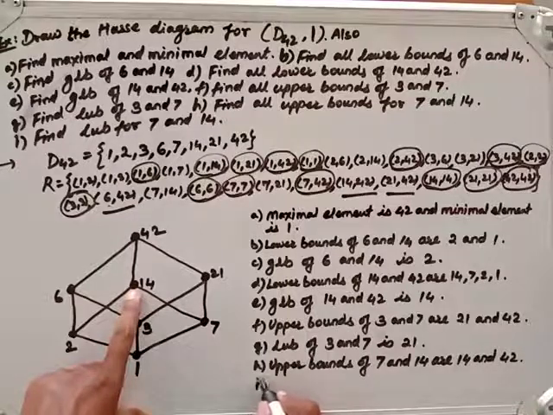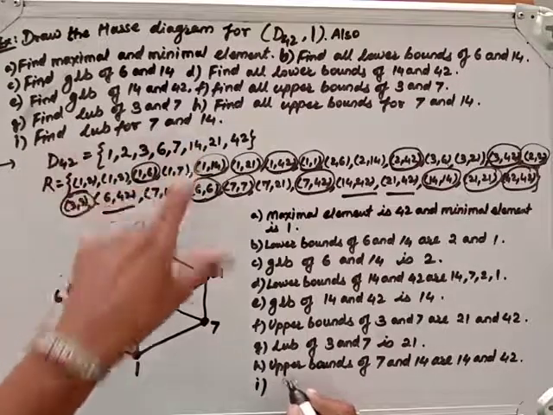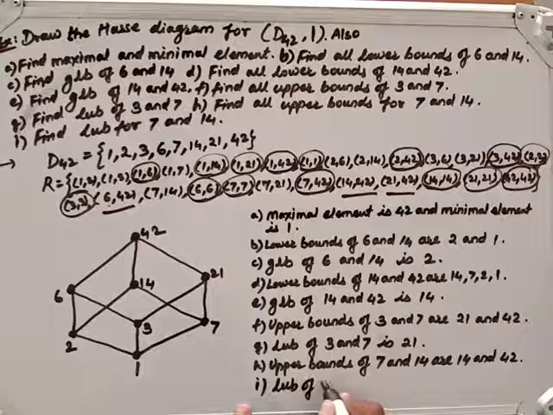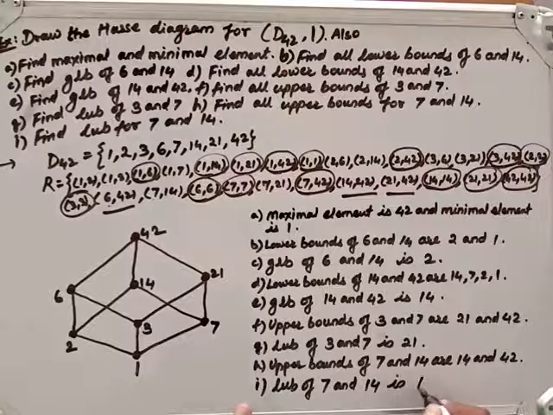Okay. Now next one, the least upper bound of 7 and 14. The least upper bound is 14. So the least upper bound of 7 and 14 is 14. Okay, so this is about this second question.